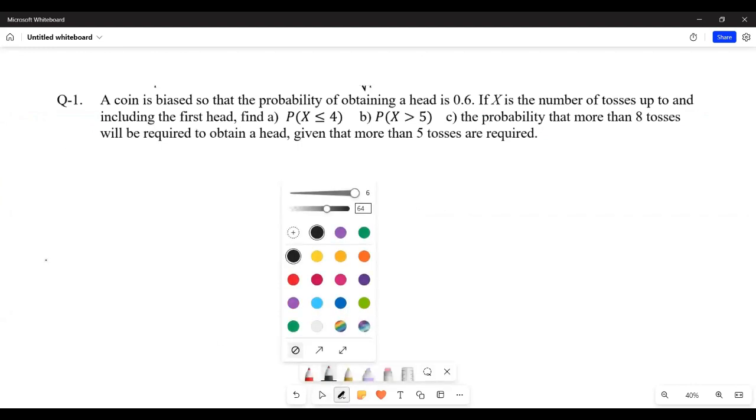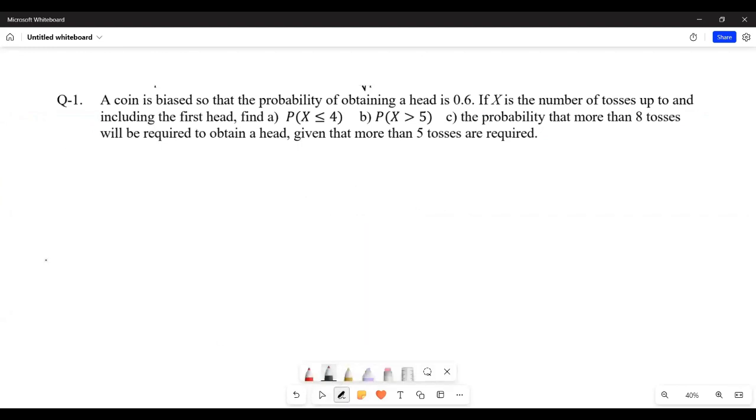Okay. A coin is biased, so that the probability of obtaining a head is 0.6. Most likely, this is going to be RP. If X is the number of tosses up to and including the first head, so this is your hint or indication that you have to use geometric distribution.